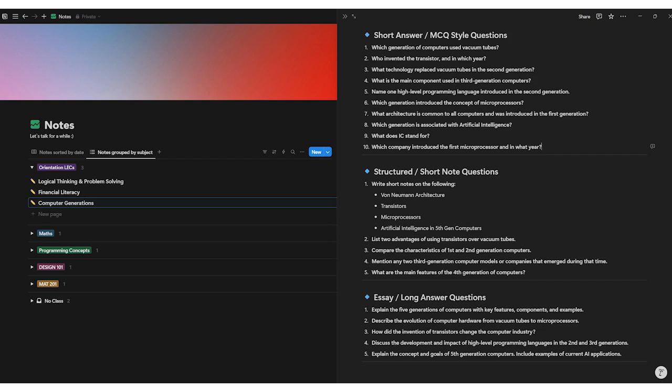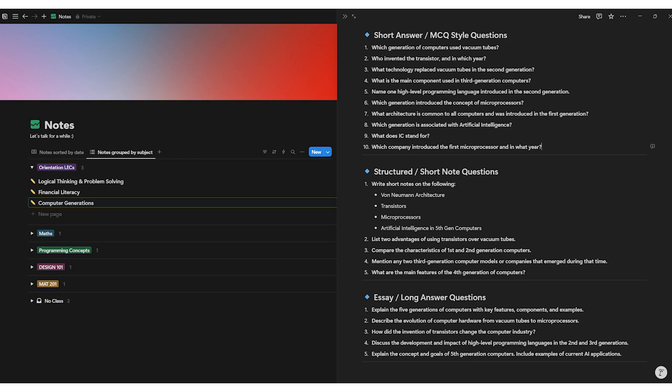What are they asking? I just forgot the question. Third generation computer models were Intel and AMD. Those are the key companies that emerged during that time. That's the answer. Nothing more to that.